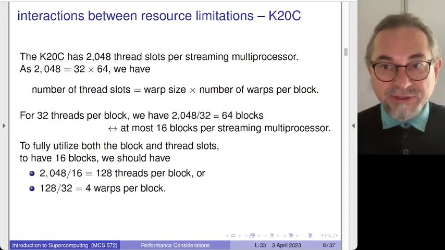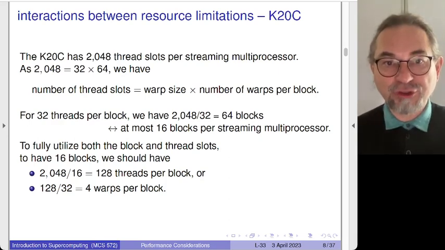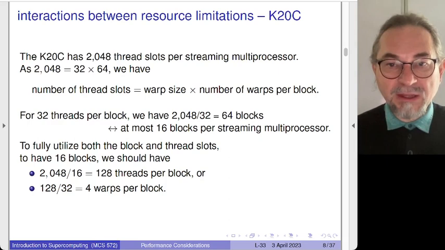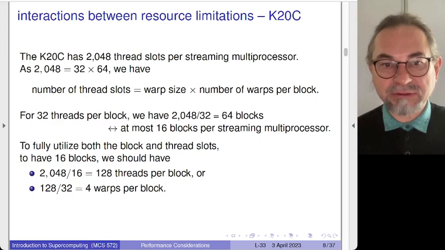What is it on the next generation? Well, on the next generation, the Kepler architecture, we can have 2048 thread slots per streaming multiprocessor. If we divide the number of thread slots by the warp size, then we can have at most 16 blocks per streaming multiprocessor.